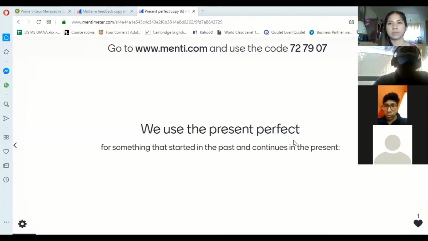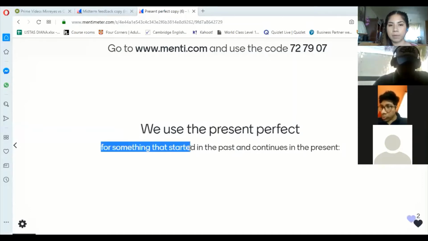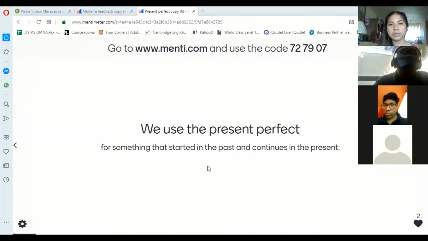We use the present perfect for something that started in the past and it continues in the present. Remember that when you have a verb in past, we pronounce it when you have T: started.